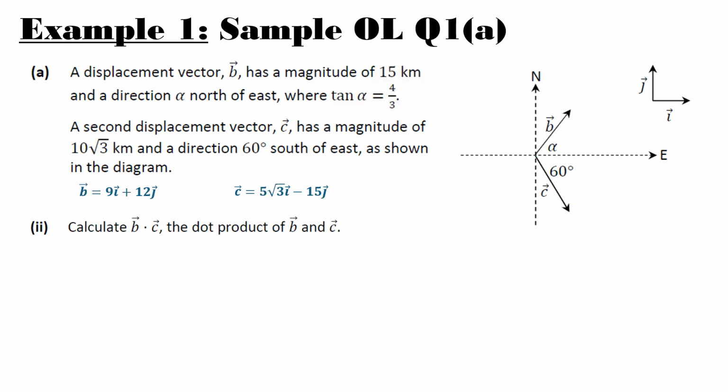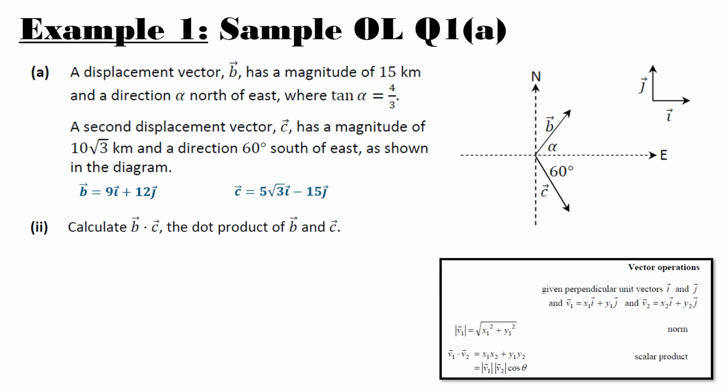So part 2 asks us to calculate the dot product. So remember, we have a version of the dot product here. It's this bit that we're looking at, given that v1 is this and v2 is this. So what that's telling us to do is to multiply the 9 by the 5 root 3 plus the 12 by the minus 15. And we do use those signs. So this is what it looks like when we do the dot product of b times c.